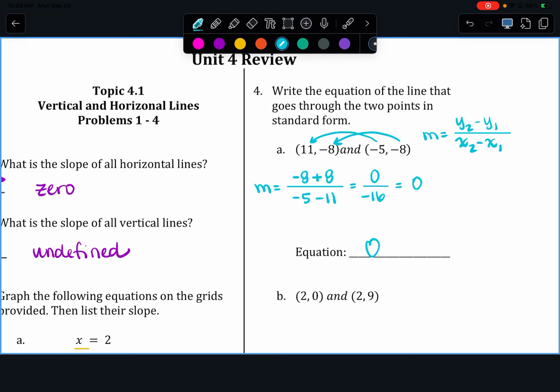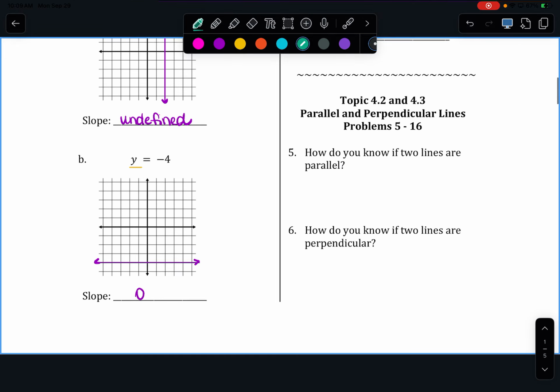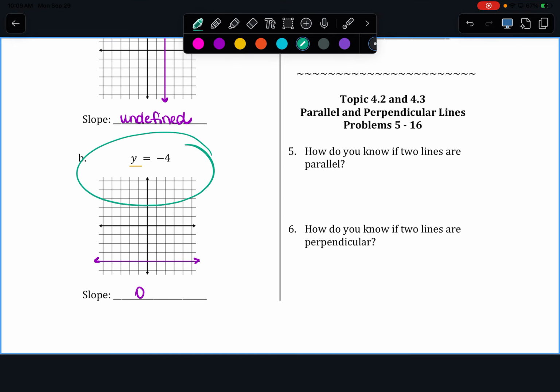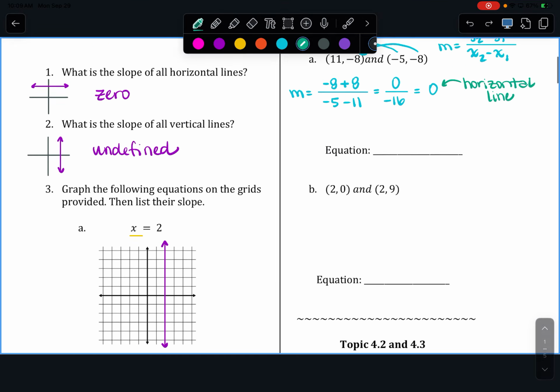Now, please don't write 0 in this blank, which some of y'all did on your first quiz in this unit. It's not asking you for the slope, it's asking you for the equation of the line. So at this point, you need to be like, oh, I got a slope of 0. That's really weird. Oh, I got a slope of 0 because it's a horizontal line. And remember, horizontal lines are of the form y equals some number.